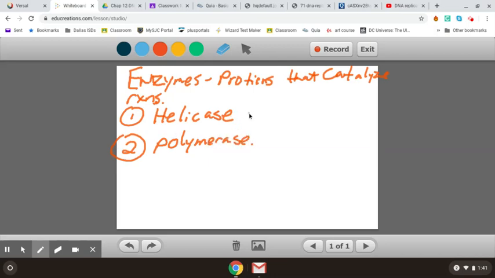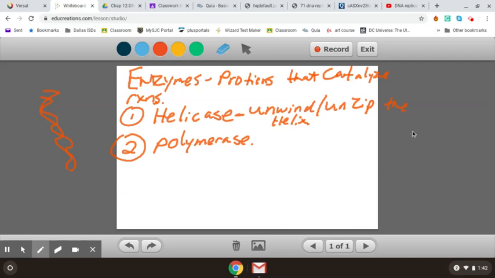Helicase is going to unwind or unzip the helix. We can't read the information when it's all squiggly. We can't read it when it's all squiggly like that. We have to unzip it. We have to unwind our helix.